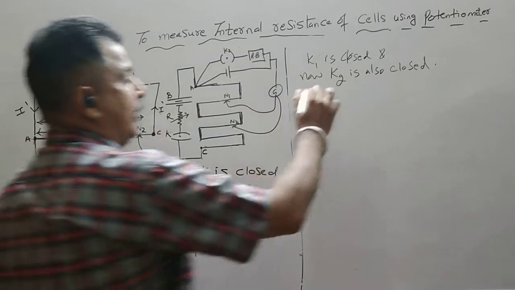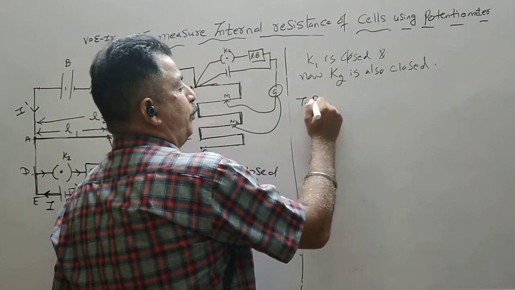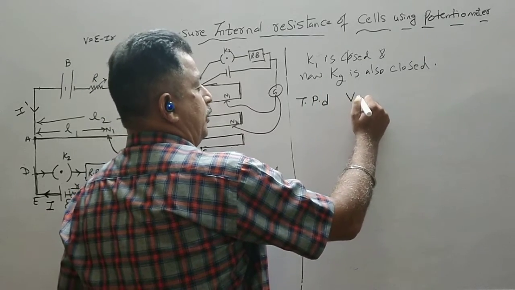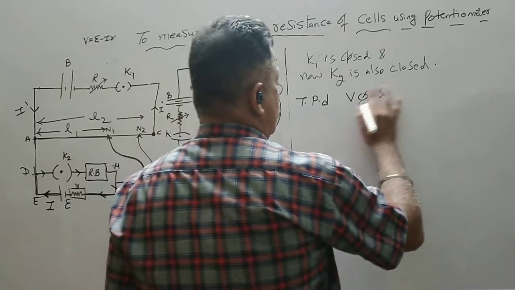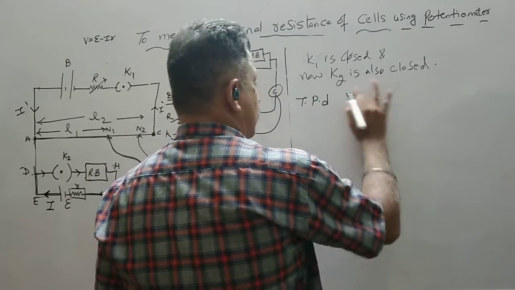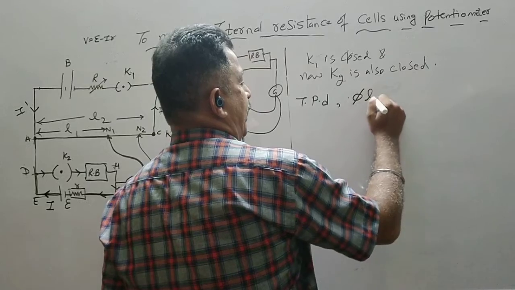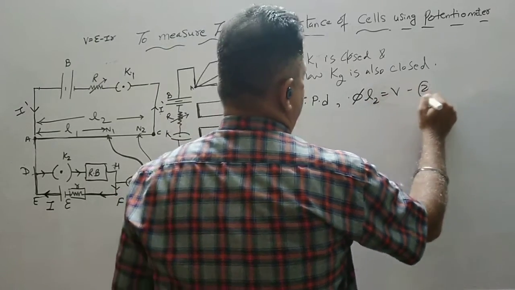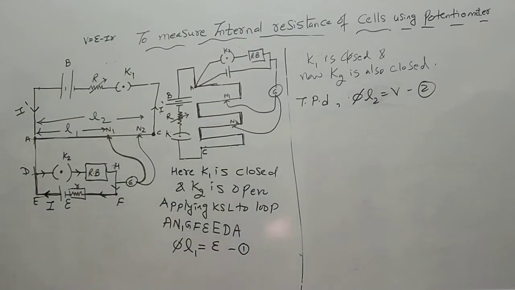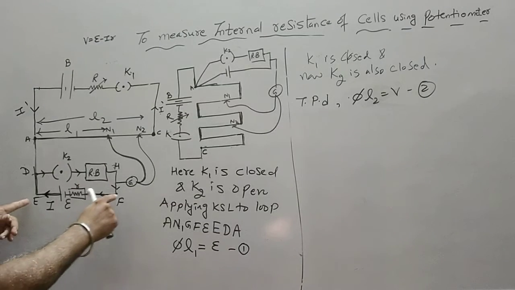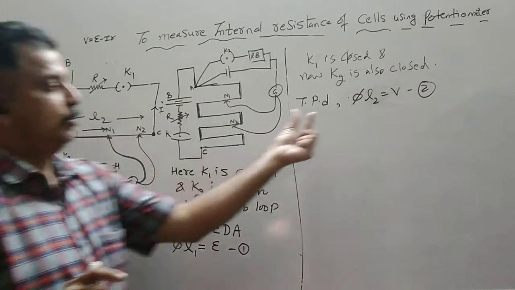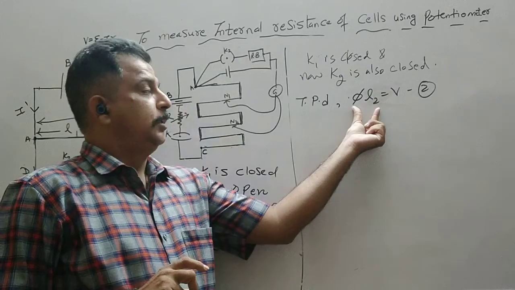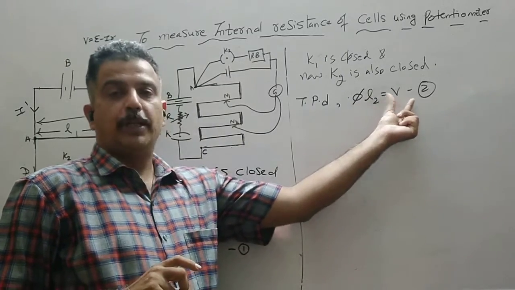So when K2 is closed, the terminal potential difference phi L2 is equal to V. This is a closed circuit now. So terminal potential difference V is equal to E minus IR, DH parallel, AN2 parallel. So the potential gradient multiplied by L2 should be equal to V.